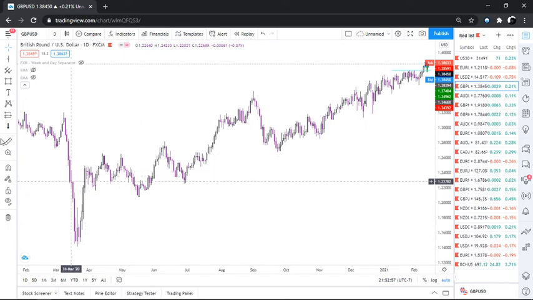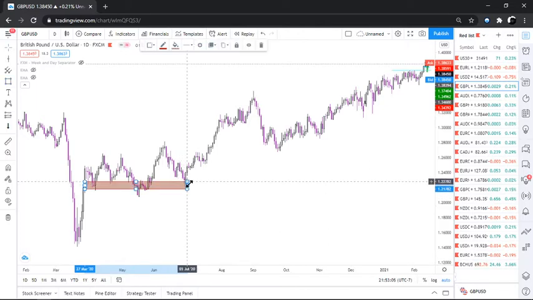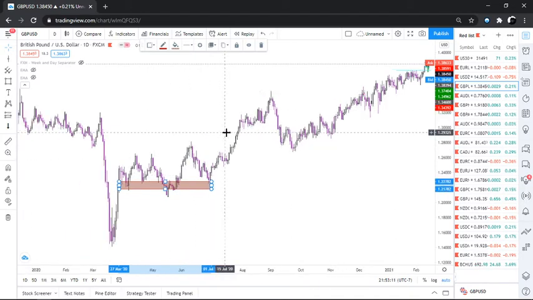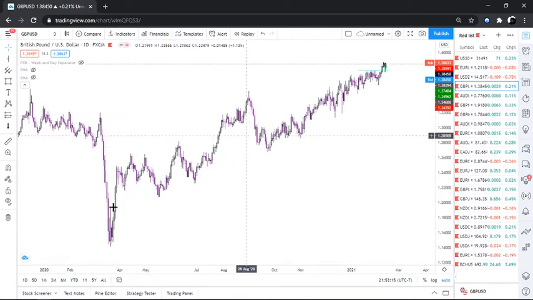A pullback is the bottommost point it reaches before it continues to make its trend up or down. In this case, it's up.